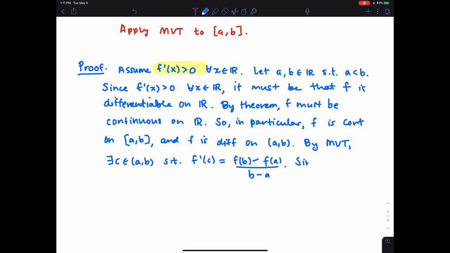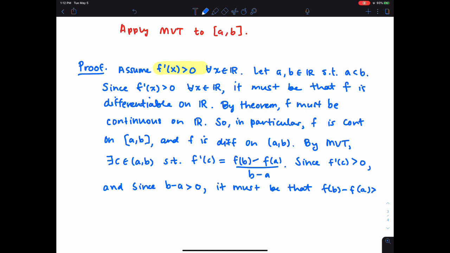So since f prime of C is greater than 0, and since B minus A is greater than 0, remember we've assumed A is strictly less than B, it must be that f of B minus f of A is strictly greater than 0. And rearranging, that says f of A is strictly less than f of B. And what we've just done is shown the definition of strictly increasing.